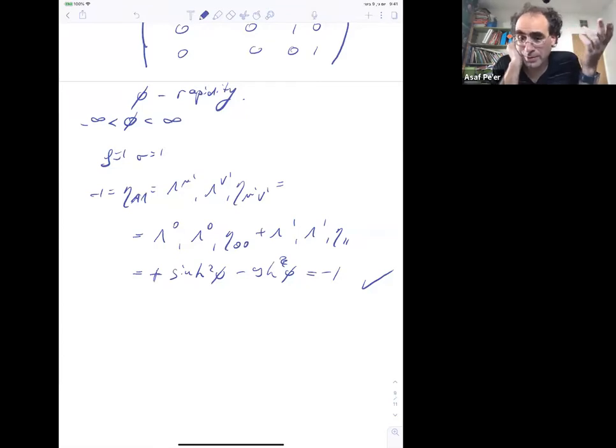I'm talking of the Lorentz transformations as a set, right? It's a non-commutative set, so it's called a non-abelian group. Rotation is a Lorentz transformation. I don't know if you ever thought of it like that, but rotation is a Lorentz transformation.